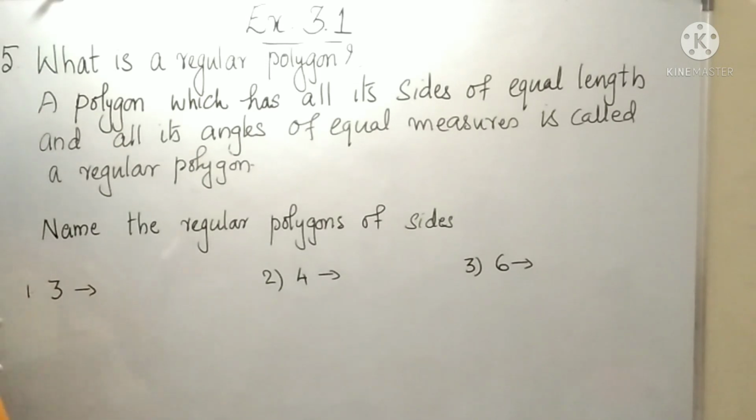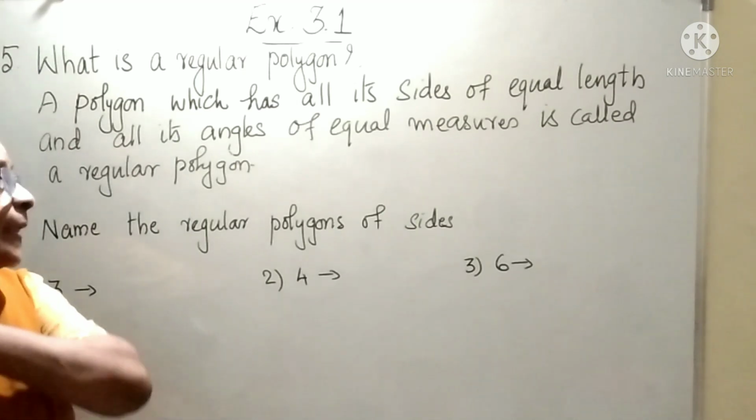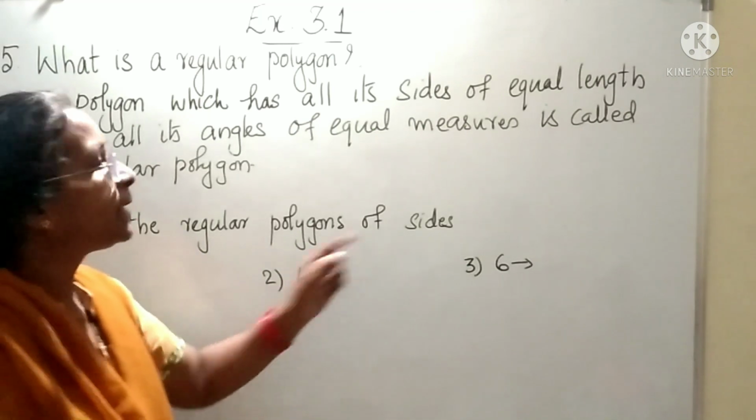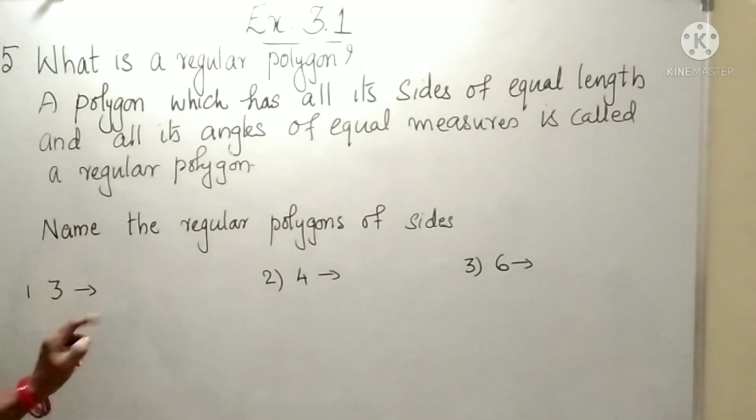That means a polygon in which all its sides will be of equal length and its all angles will be of equal measures. Then that polygon is called a regular polygon. Naturally, when the sides are of equal length, then all the angles will be of equal measures. Okay. Now name the regular polygons of side 3.